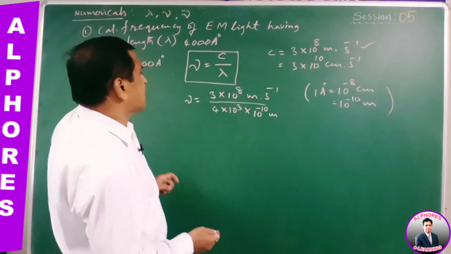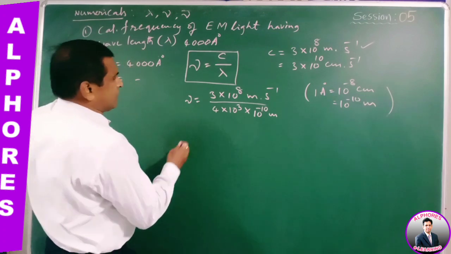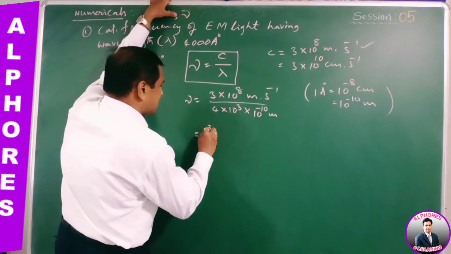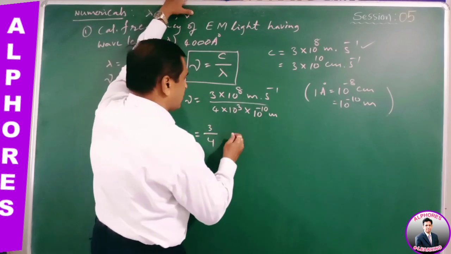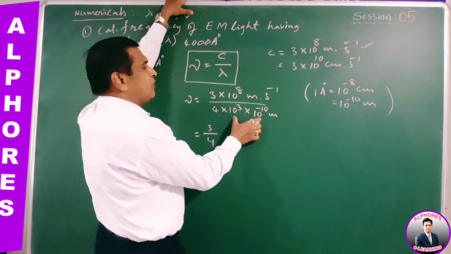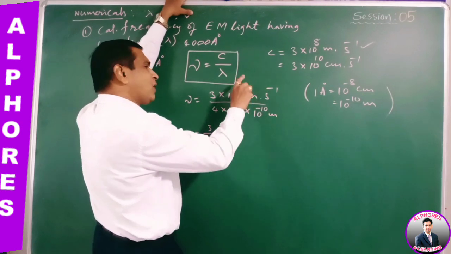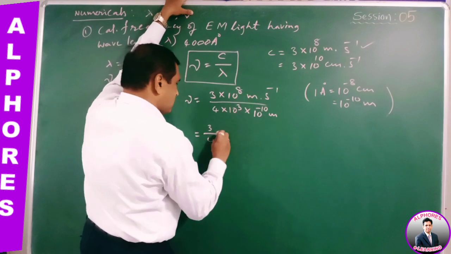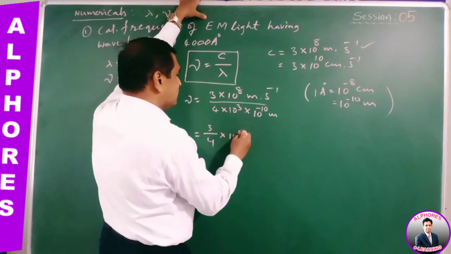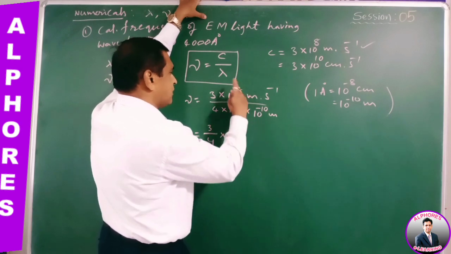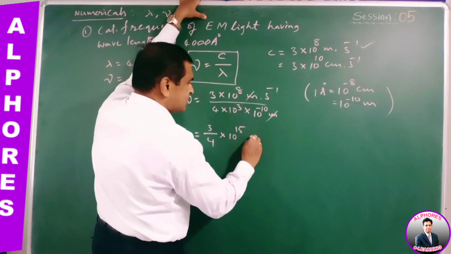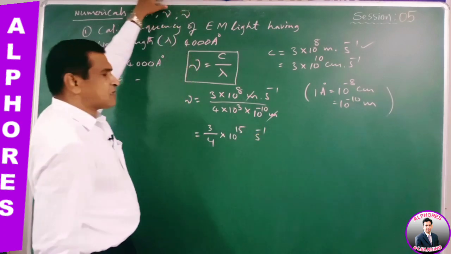On solving this, that is equal to 3 by 4, into 10 to the power minus 7. When it goes up it becomes 10 to the power positive 7. So it becomes 10 to the power 15, meter cancels, it is second inverse.